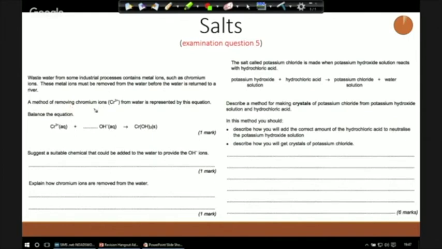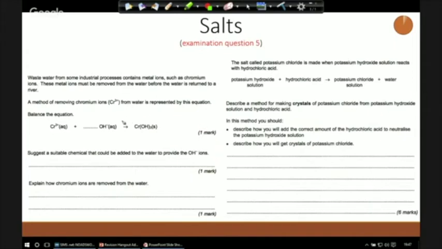A method of removing chromium ions from water is represented by this equation. So the first part will be to balance this. The second part suggests a suitable chemical that could be added to the water to provide the hydroxide ions. And finally, explain how chromium ions are removed from the water.